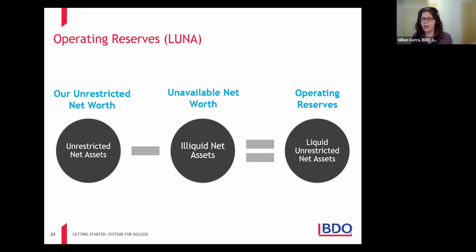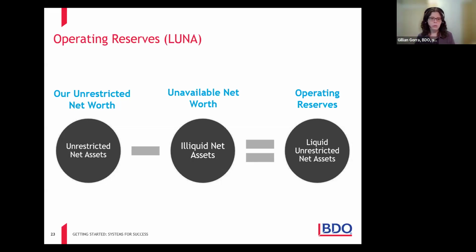Not super liquid. If you are in a cash crunch and you need to make payroll, you're not going to sell your building or go and sell all your lighting equipment in a day in order to make payroll. So when thinking about liquidity, right, this is a really important concept for our organizations. How quickly, how nimble are we in terms of solving problems with our assets?